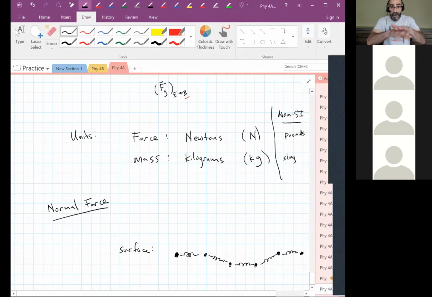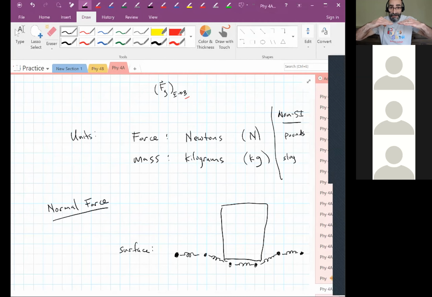Our surface normally would be nice and flat, but we take a box and sit it on the surface, and microscopically, the surface gets deflected a tiny bit. Those chemical bonds between the atoms are like springs. When they stretch a little bit, like a spring, they pull back with a certain force.